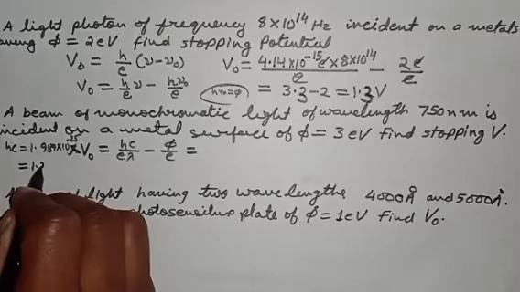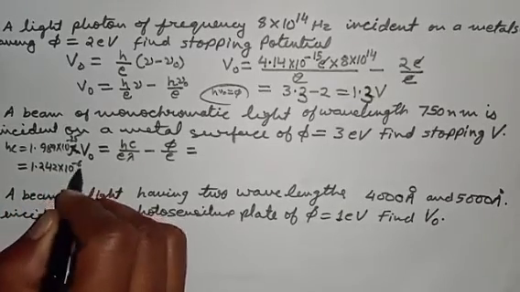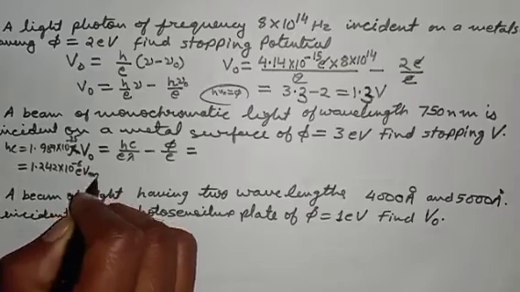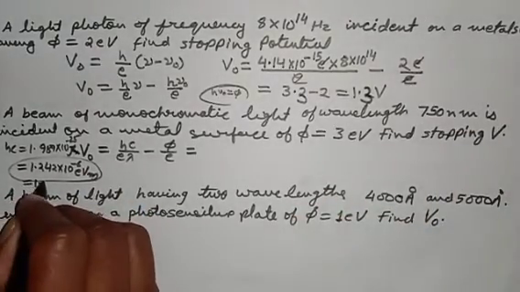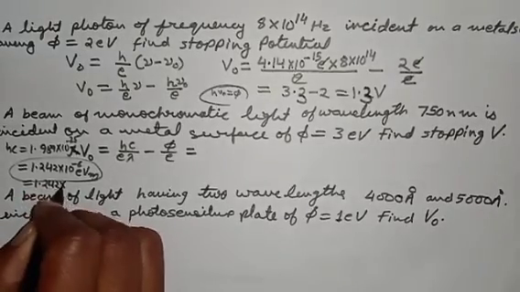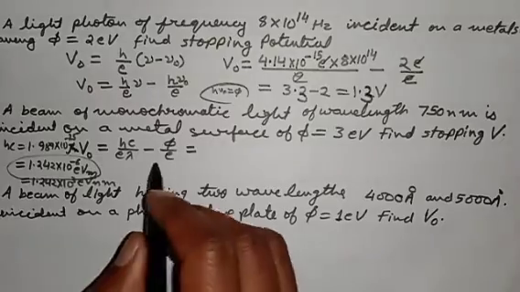So it is 1.242, as I have done previously also. It is given in nanometer, so we convert it to 1242 electron volt nanometer. Alright, so we'll put it here.